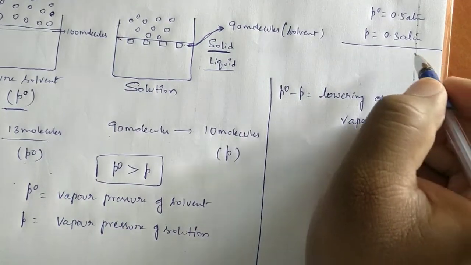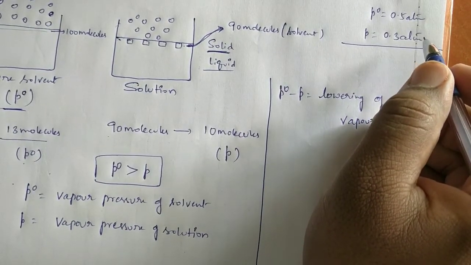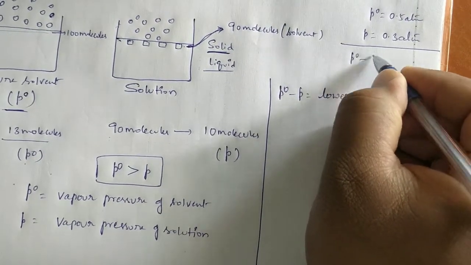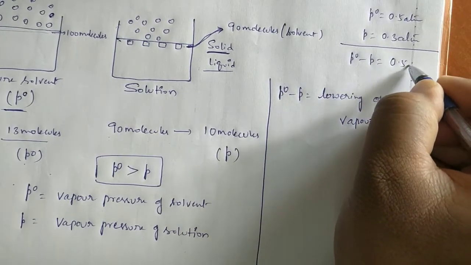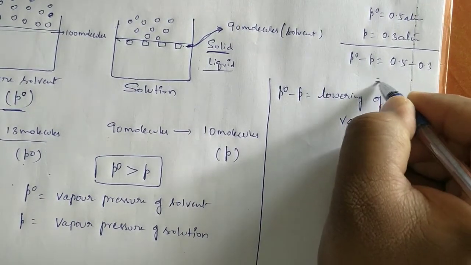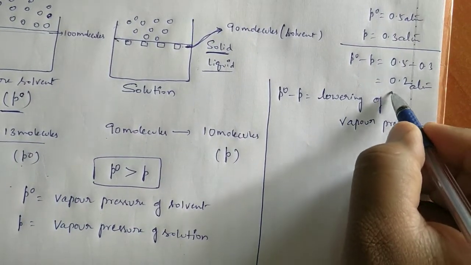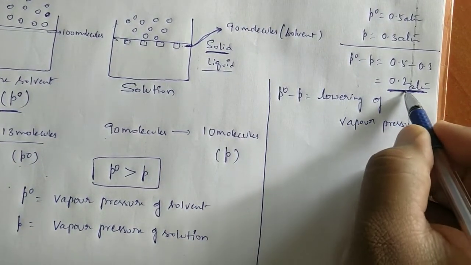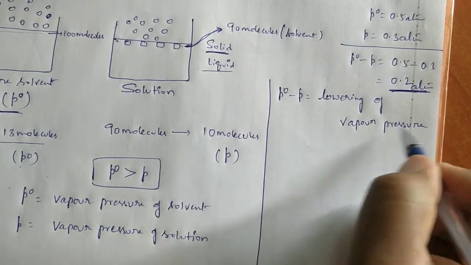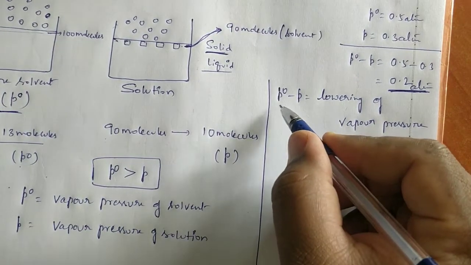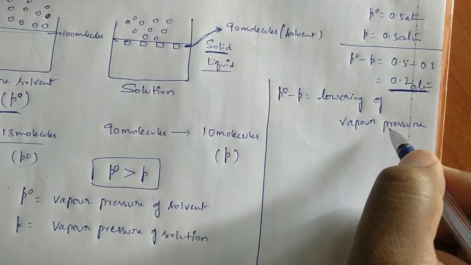How much is it decreased? If they ask you any question like this, immediately you will do one thing: P0 minus P is equal to 0.5 minus 0.3, which is equal to 0.2 atmospheres. That means this much pressure is lowered. That is called lowering of vapor pressure. So P0 minus P is called lowering of vapor pressure.